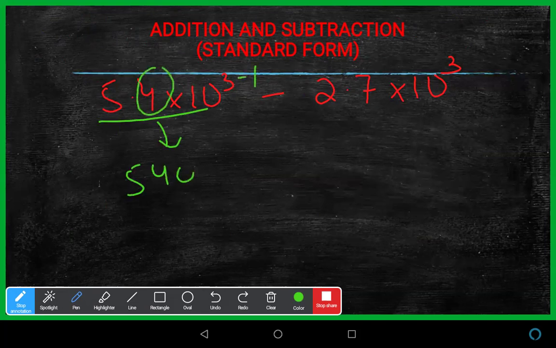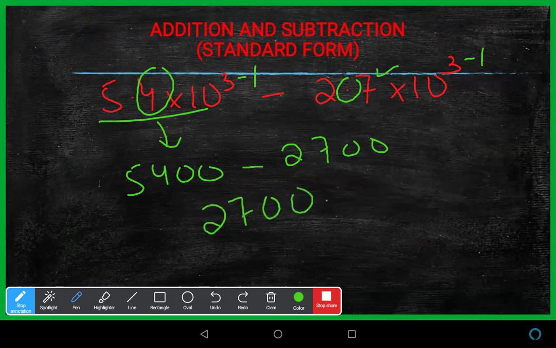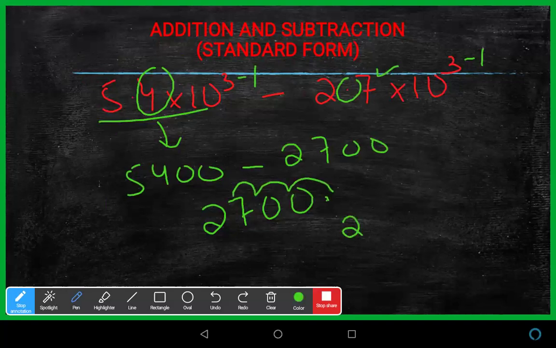So we have to write 2 zeros. Okay. And in this one as well, after the decimal point there is a number, so I have to minus. So it will become 2 zeros because the power will become 2. So 5400 minus 2700, it will become 2700 again. So the decimal point is at the end. So 1, 2, 3. So it will become 2.7 multiplied by 10 raised to the power 3.